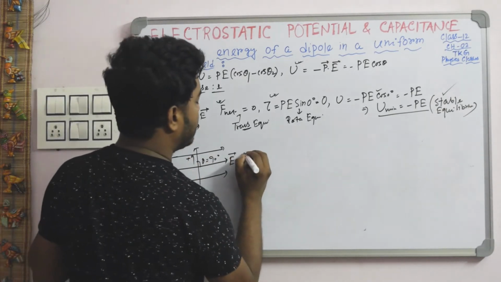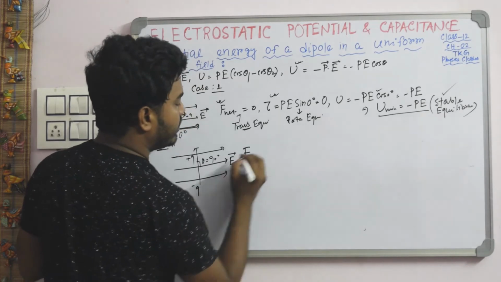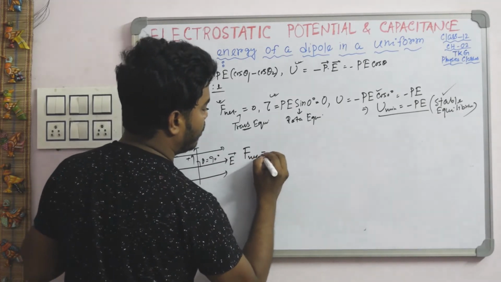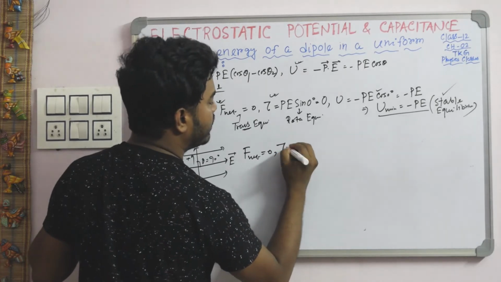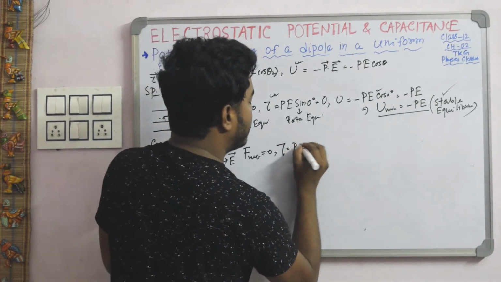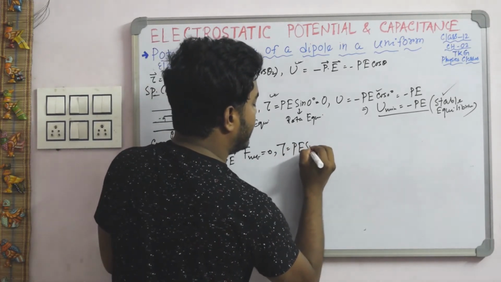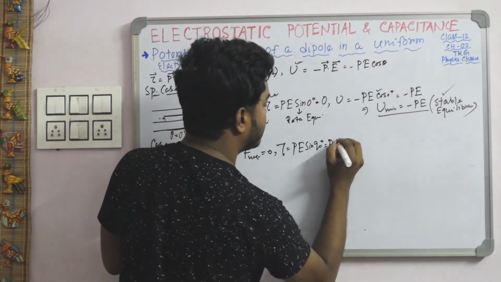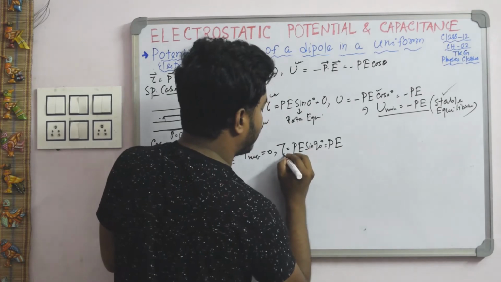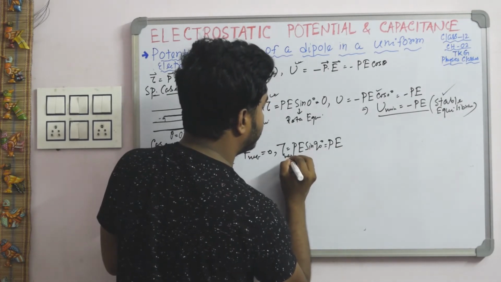So here F net is also 0, and torque tau is PE sin 90, that is 1. So here torque tau is equal to PE, that is the maximum value.